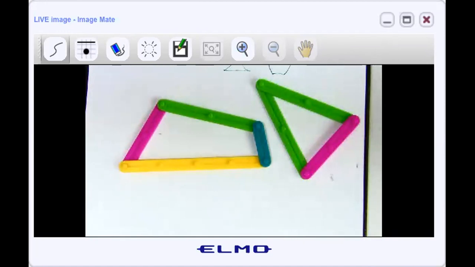If I have four sides, what are they going to add up to? Three-sided figures added up to 180. What do you suppose a four-sided figure is going to add up to? Yes, 360. So basically two triangles.